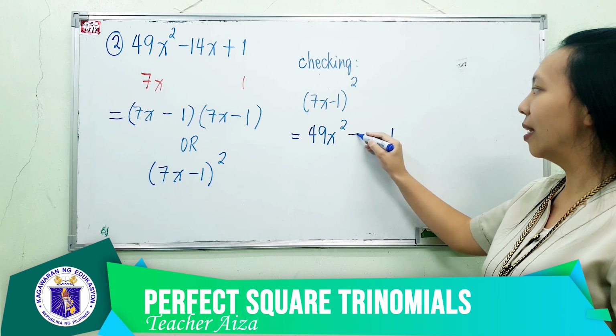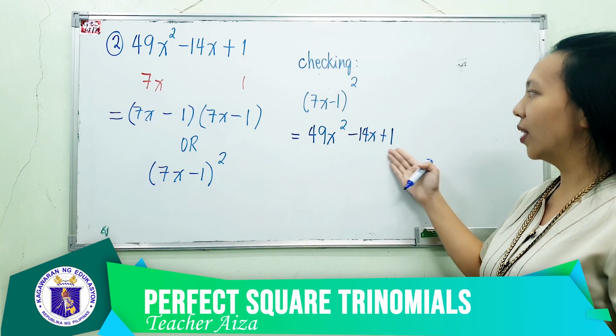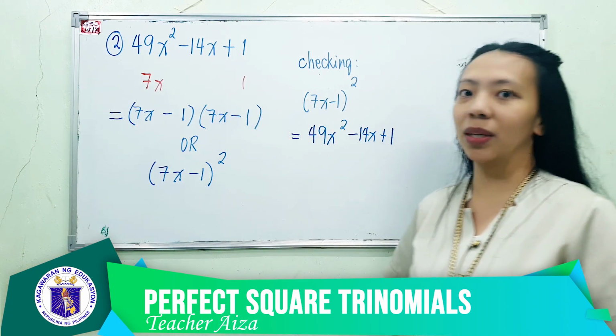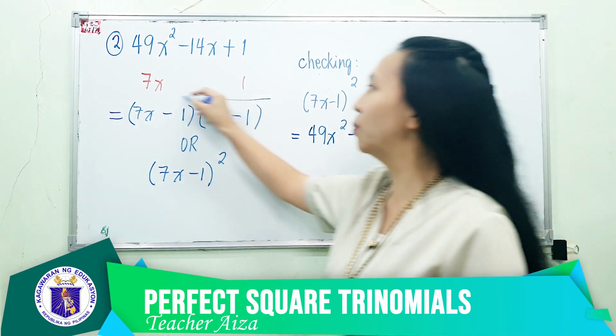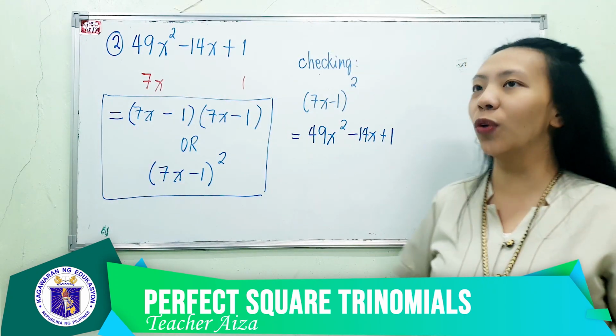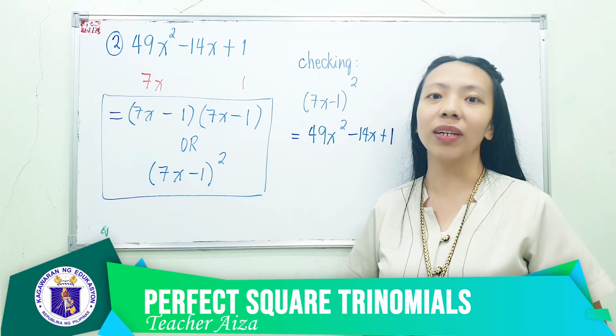That would be negative 14x. You'll see that the product we obtained in the checking is the same with the given original polynomial. Therefore, we have obtained the correct factored form of 49x squared minus 14x plus 1, which is the quantity 7x minus 1 squared.